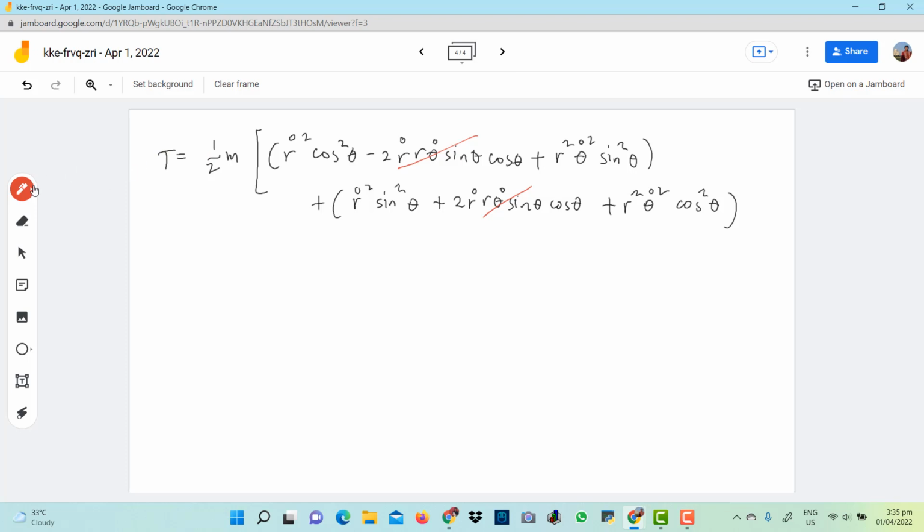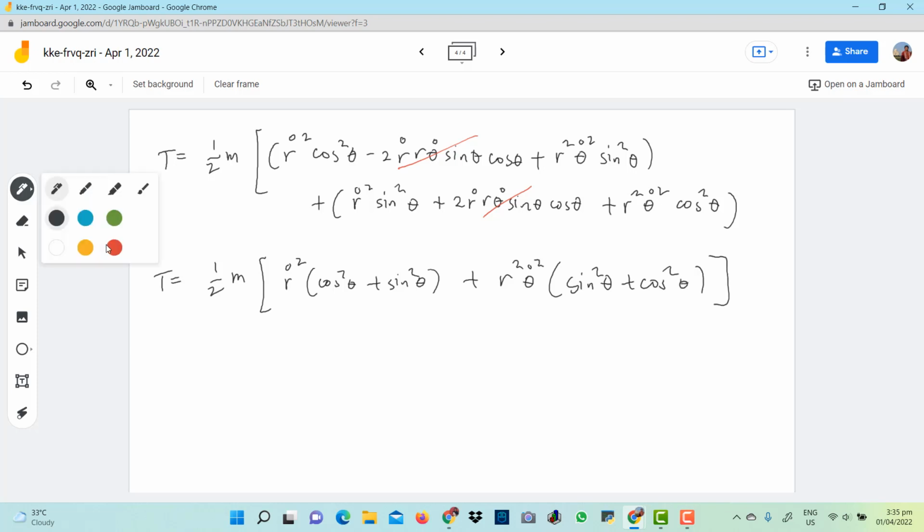If I combine the first term and the fourth term, T is just equal to 1/2 m times r dot squared times cosine squared theta plus sine squared theta, and then r squared theta dot squared times sine squared theta plus cosine squared theta.